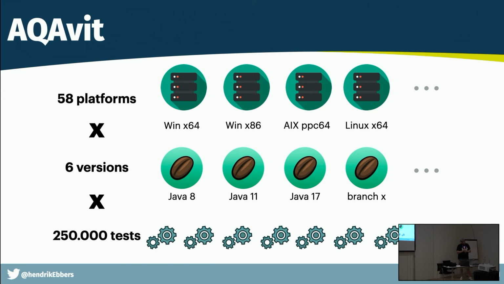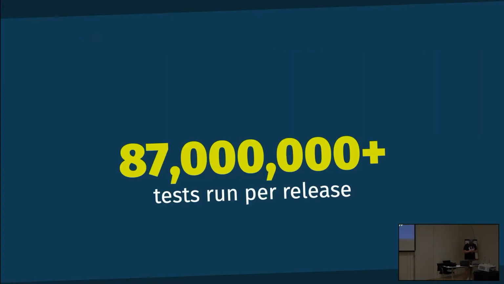But at Adopt OpenJDK, whenever we created new Java binaries, we built them on 58 platforms. We had 6 different versions, and Aquavit contains 250,000 tests, which means that we executed 87 million tests for each release, over all the platforms. It takes a few minutes, yes.